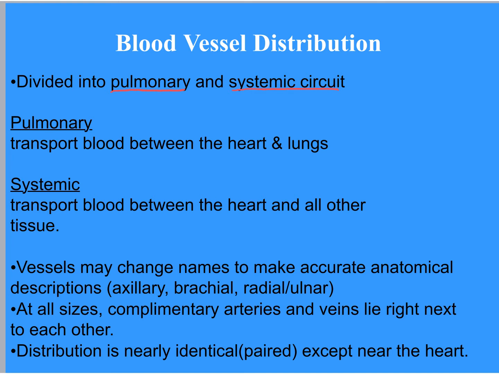The names of vessels are actually pretty easy for you to remember, or should be, because we covered a lot of these terms in the very first unit of the class. Usually vessels change their names based on where they're found, so that they're proper anatomical descriptions.